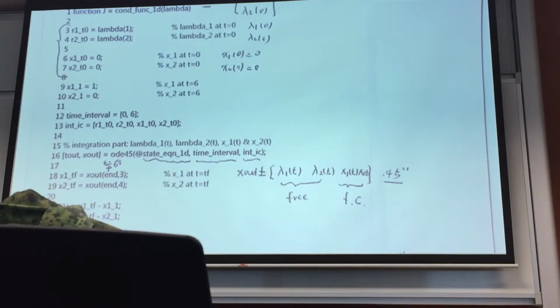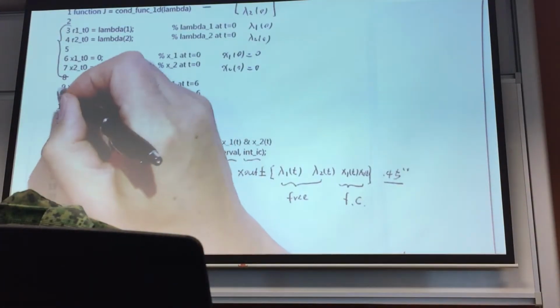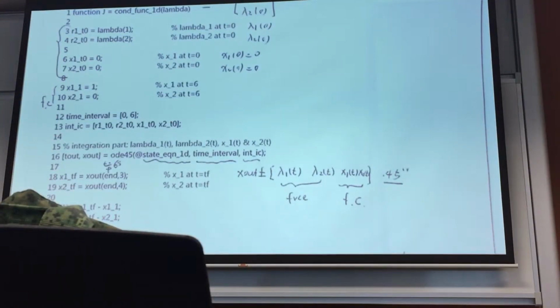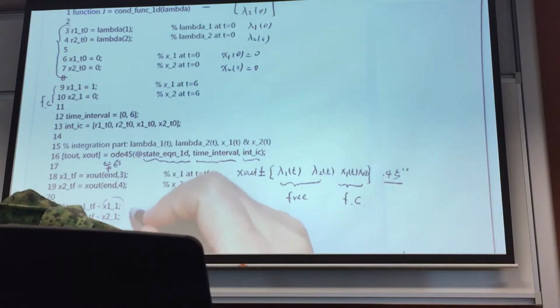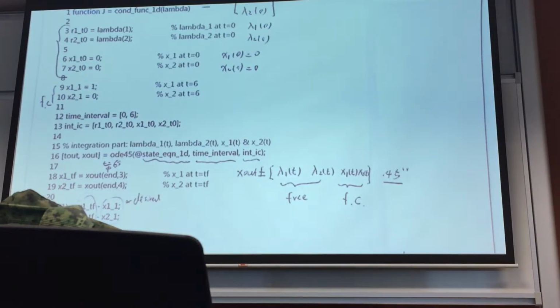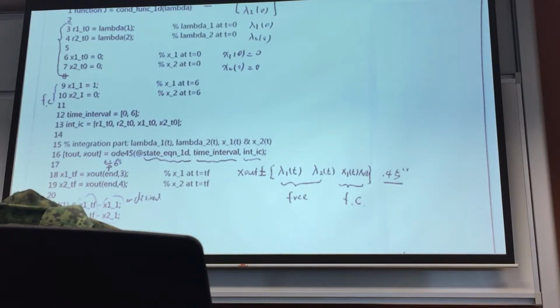So we compare with our final condition. Here is our final condition. We compare the calculated actual value with the desired value. We know these two are the desired values, and these two are the real values. So we evaluate the difference.